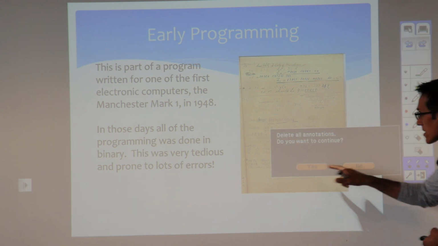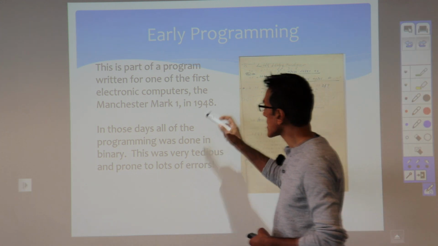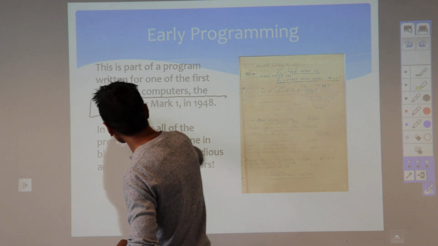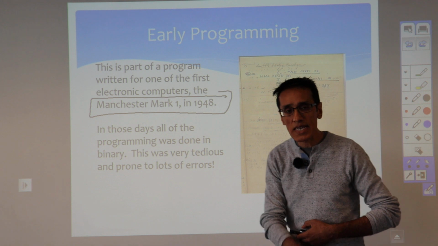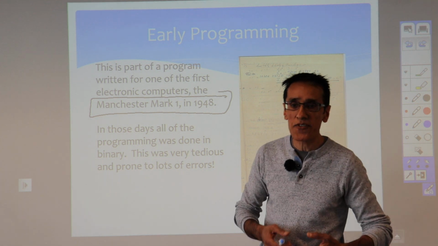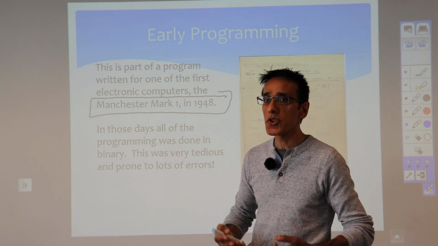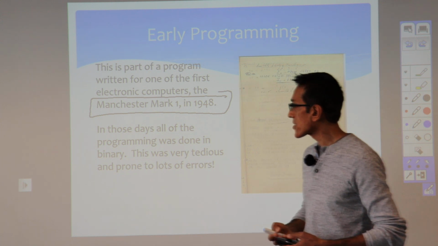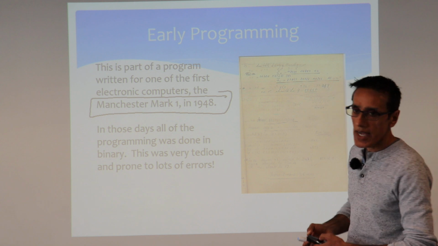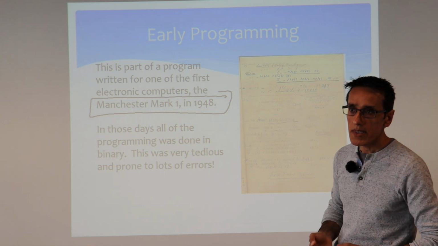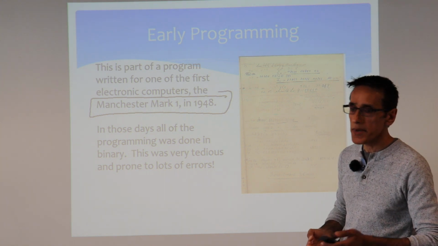Very early programming was done using binary. There's a computer, you can go and Google search this computer, the Manchester Mark I, created in 1948. It's recognized as one of the first commercially produced computers. It stored on magnetic drums the operations for the processor.